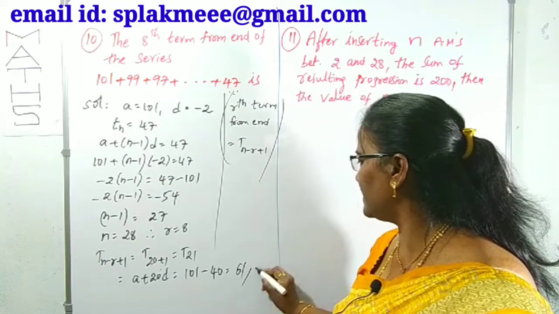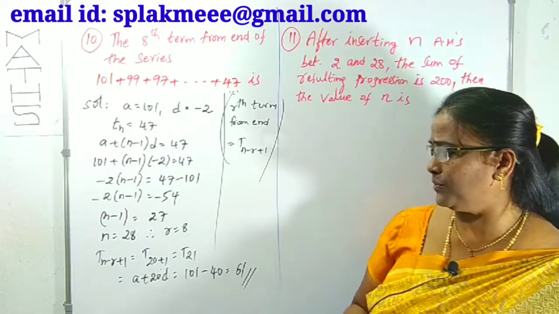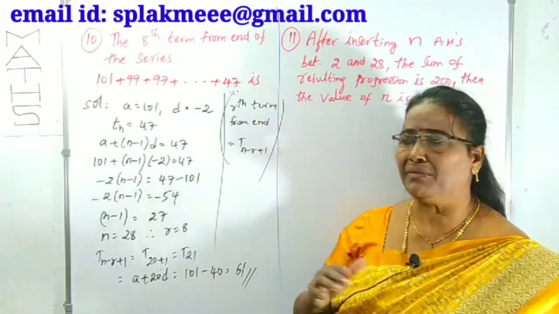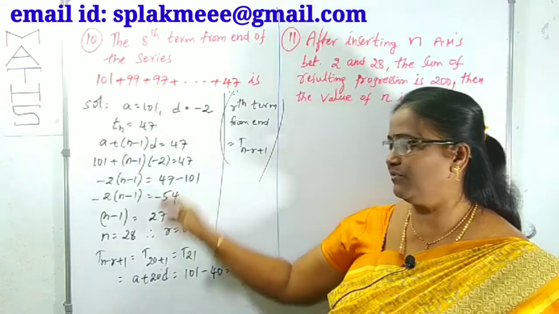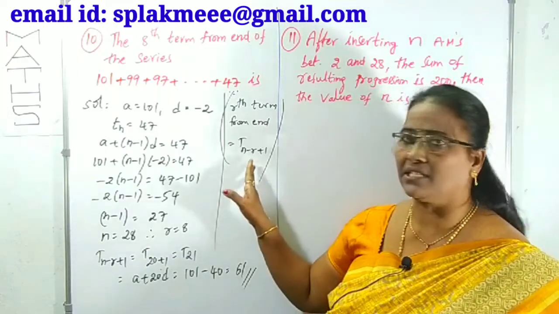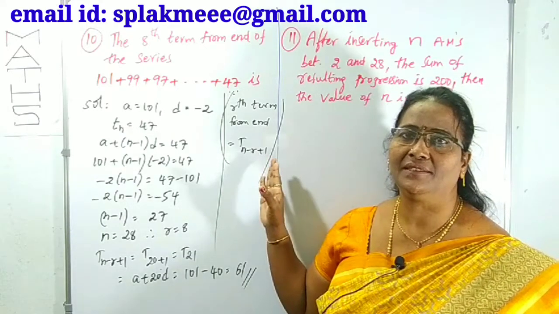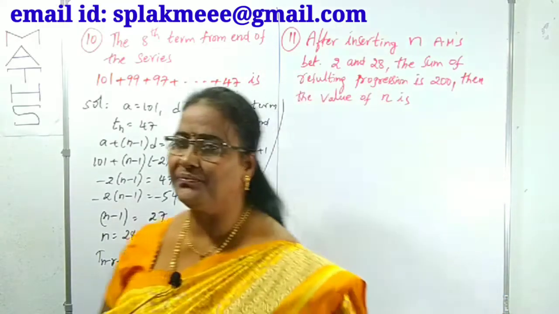This will be 61. So 101 minus 40 is clearly 61. Like this we can find some rth term from the end. For that you have to know this step. Clear? Here we got the n value because you don't know what n is, and we also can use this tip to find the 8th term from the end. Clear? Now I can come to the next question.